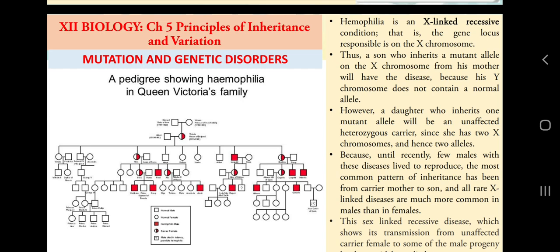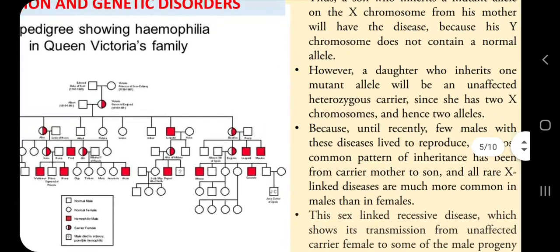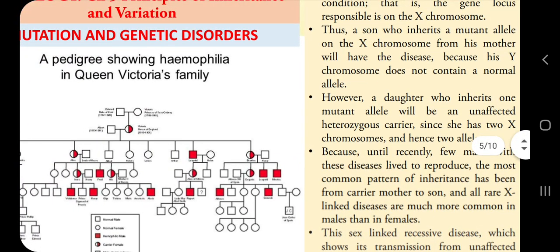Now, thus a son who inherits a mutant allele, mutant meaning responsible for disease, on the X chromosome from his mother will have the disease because his Y chromosome does not contain a normal allele. It means a female will show the hemophilia phenotype when she is homozygous, because the character for hemophilia is recessive, not dominant.